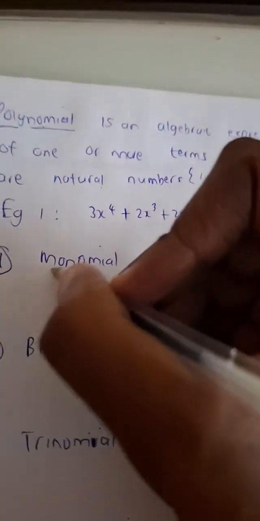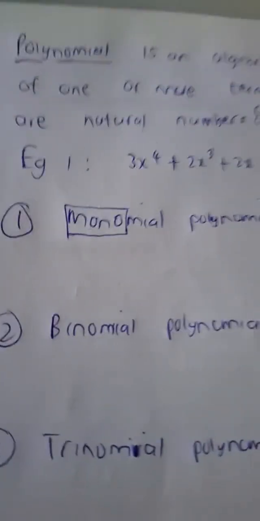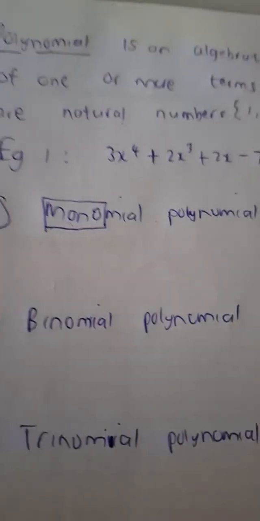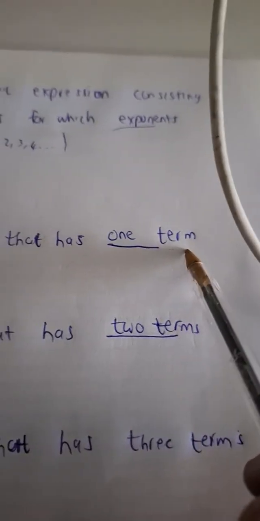Someone is saying mono is a prefix in English, because you have English students here that just know their stuff. Mono is a prefix in English and it means one. So when we talk about a monomial, it means we have a polynomial that has one term.